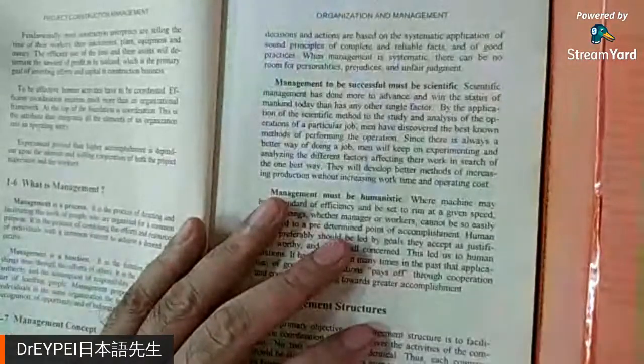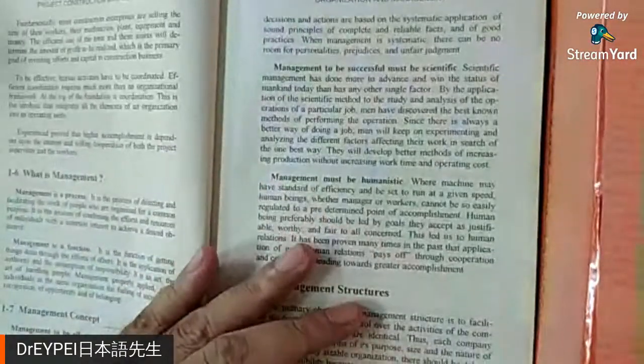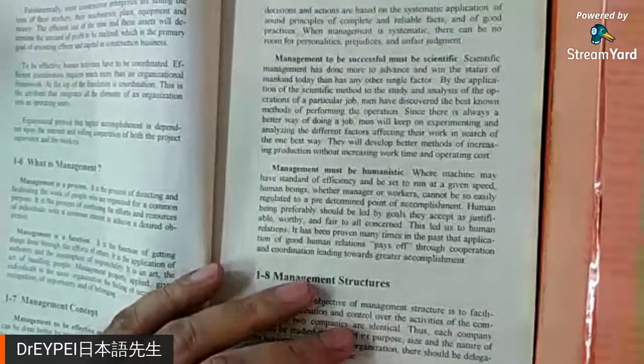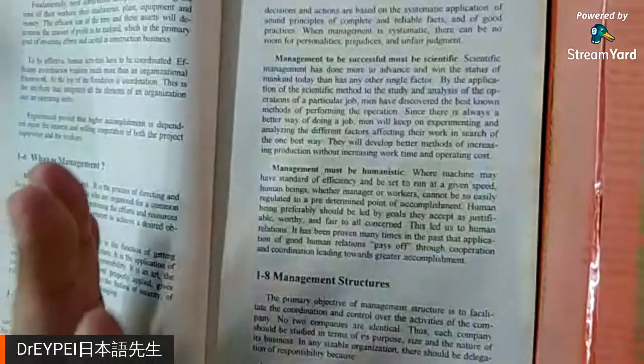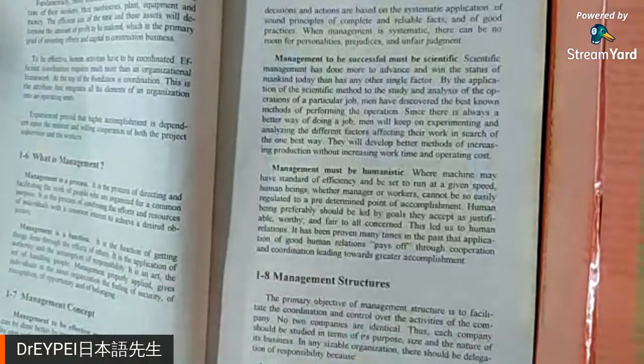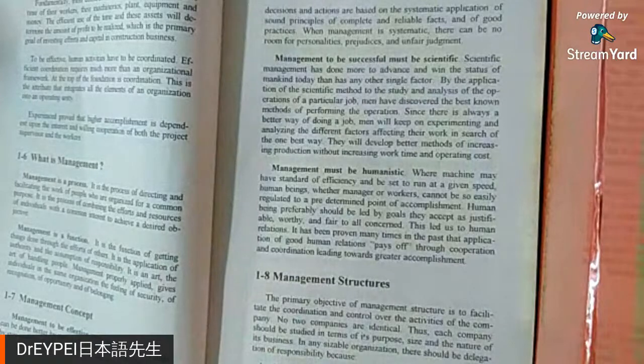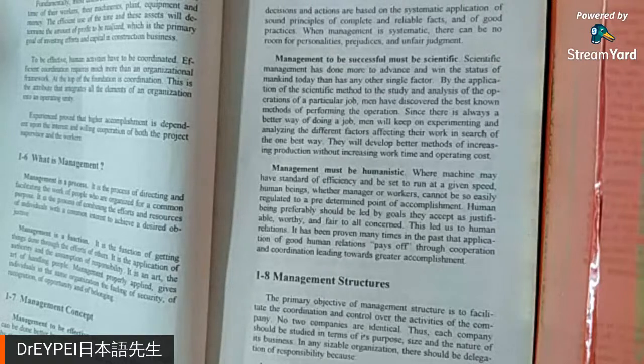Okay. What are the next important factor and terminology in this course? Method. So construction method. Construction method is about the techniques that we have to employ to be able to construct a project. So that's why it is project construction management.